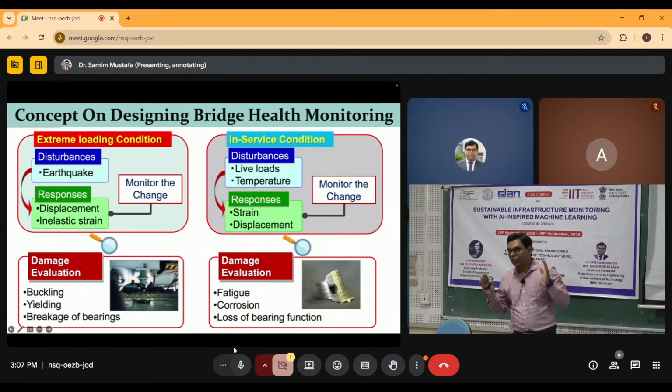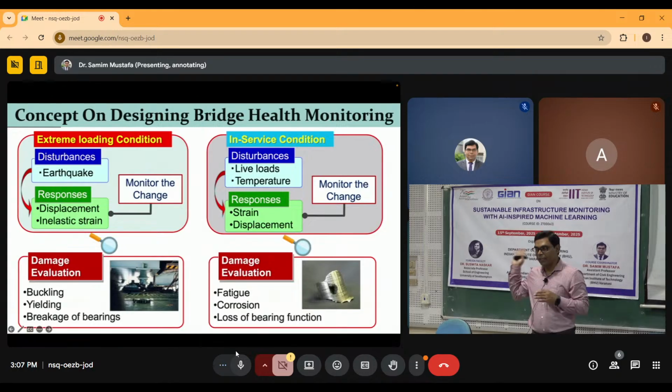As you can see, the old structures we have designed, maybe 100 years old, are all bulky. You can see in BHU also, there are very bulky columns or walls and other components of structure. Why? Because at that time the use of steel was limited and we wanted the structure to be in the linear zone only.